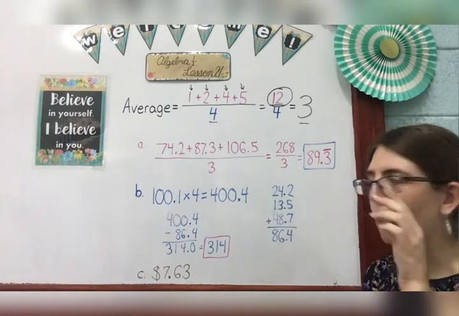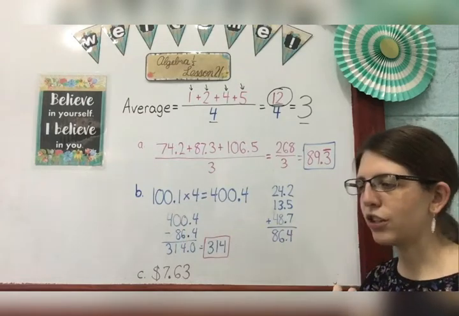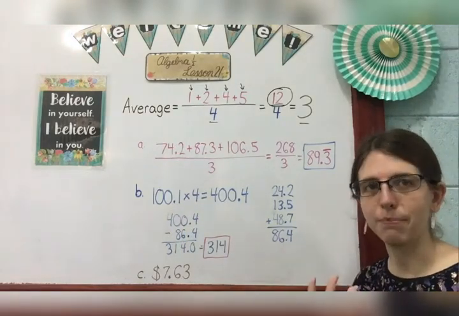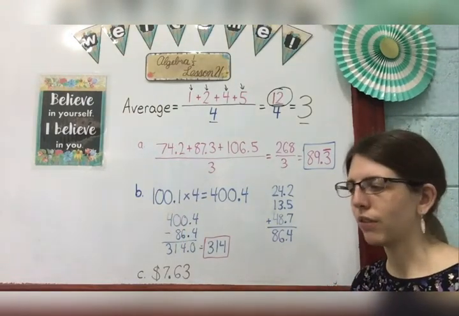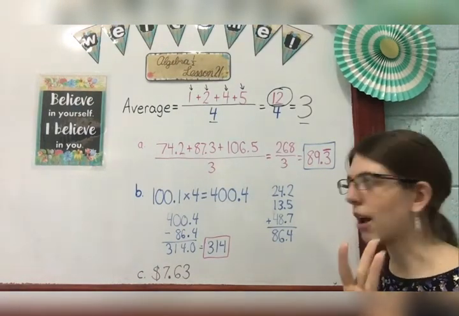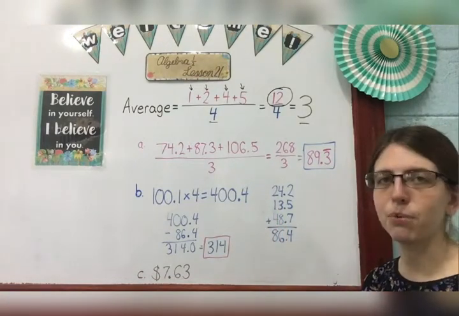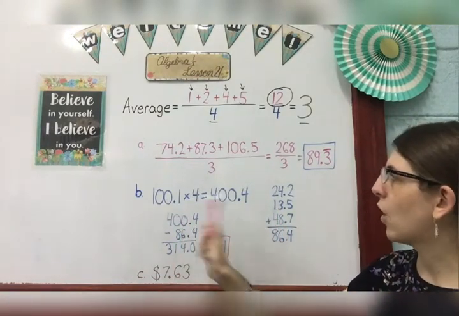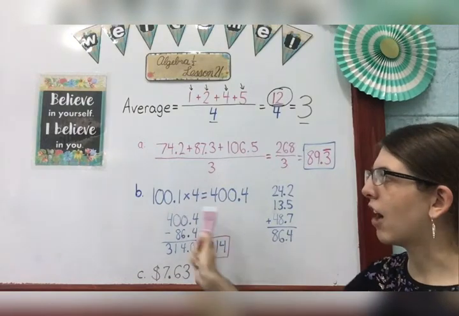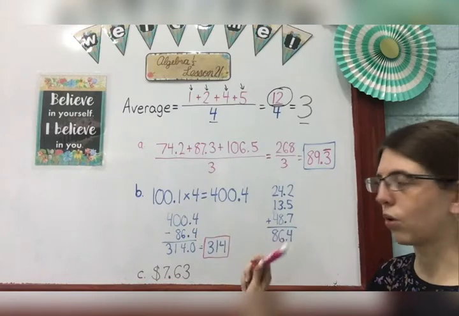Okay, now for letter B. You have 100.1 is your average of 4 numbers. They give you 3 of those 4 numbers. 24.2, 13.5, and 48.7. So I need to find the sum of my 4 numbers, so that's 100.1 times 4, since there's 4 numbers.